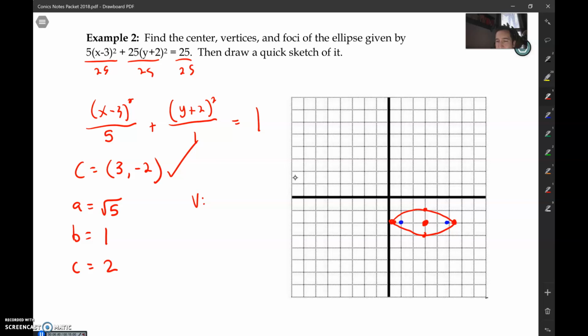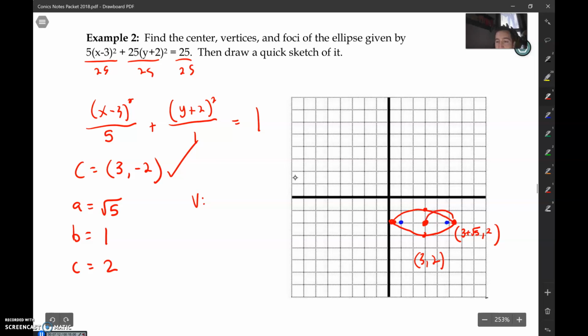But we're moving to the left by root 5, and we're moving to the right by root 5. So if that middle point right there is the point (3, 2), then wouldn't this point over here be (3 plus root 5, 2)?